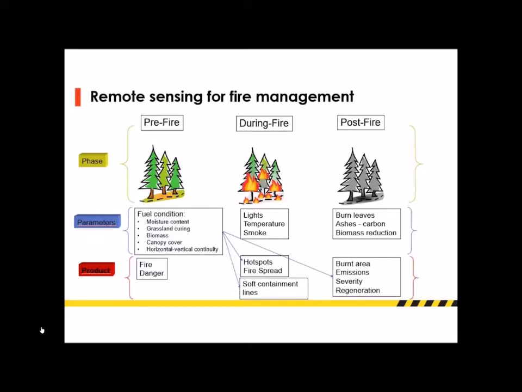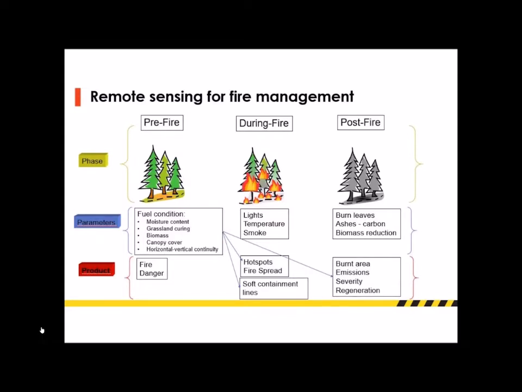Satellite data has also been used to provide firefighting intelligence during the fire, more frequently using active fire or hotspot detection systems, as Andrew has presented a few of those. These systems mainly are based on the use of middle and thermal infrared observations and are used to estimate the fire spread.